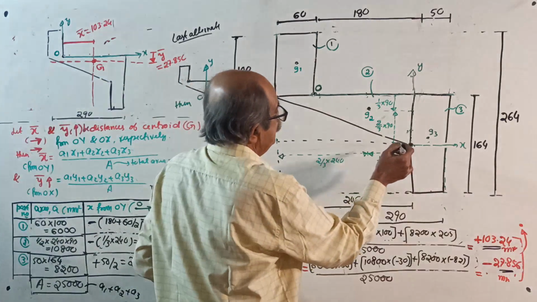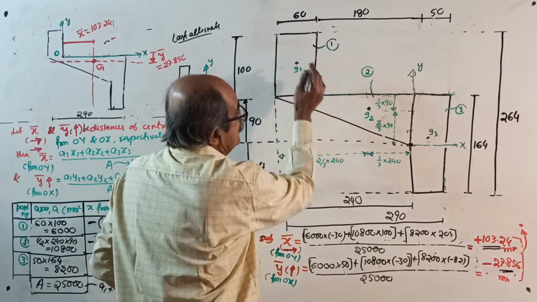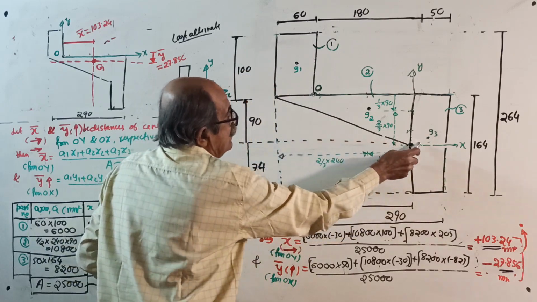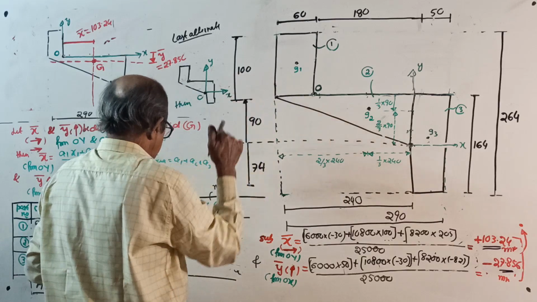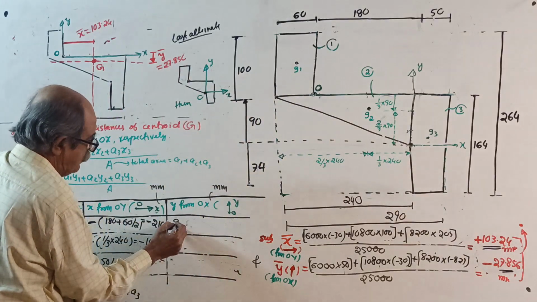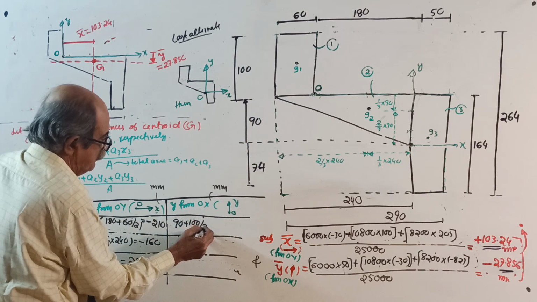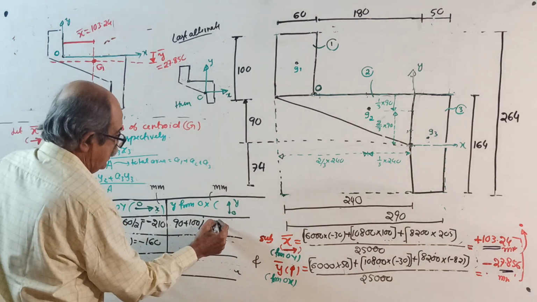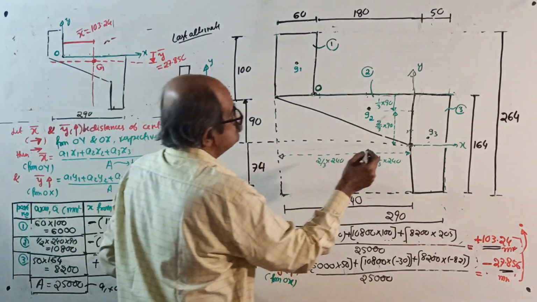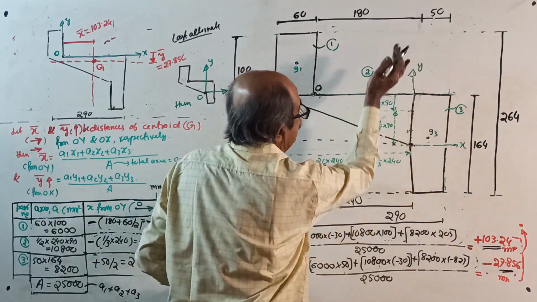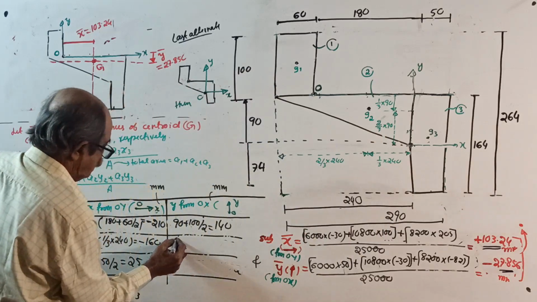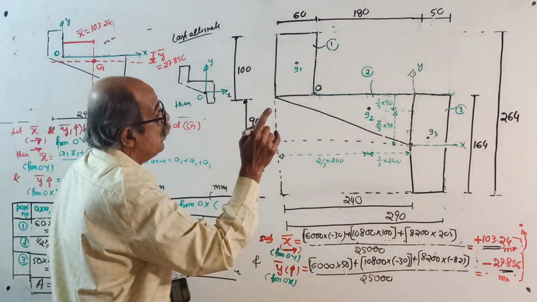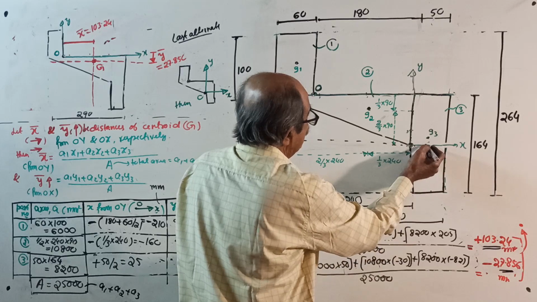Y, see here, this centroid. This G1 is above. How much? Now we want Y from here. Here, 90 plus half of 100, positive. So, no problem. 90 plus 100 by 2 is 140. Figure 2, from here to here, again upper side, 2/3 of 90, positive. 2/3 of 90 is 60, positive. But Y3, that also positive only? Yes, see.